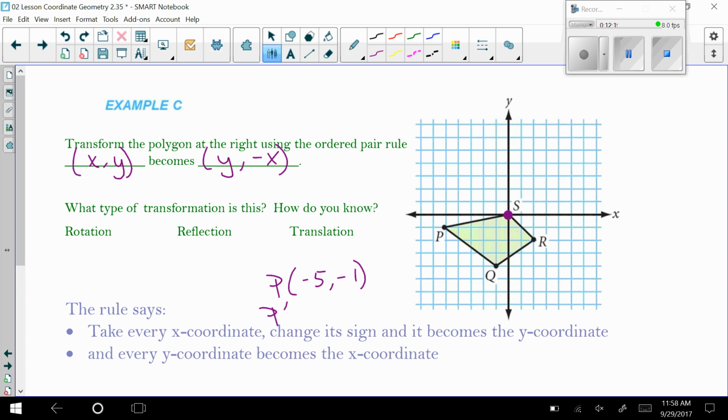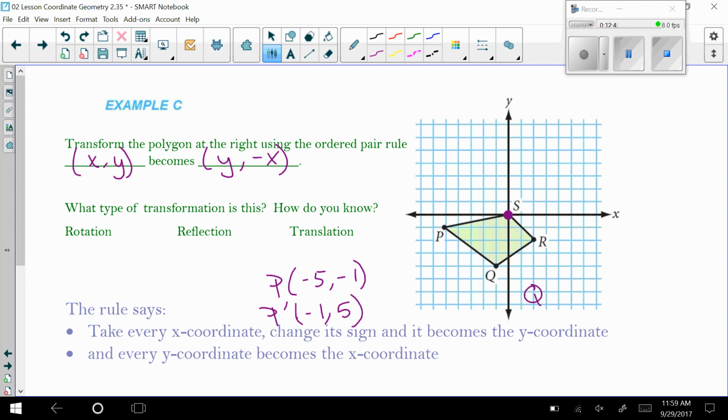So P prime is going to be (-1, 5), because our y coordinate becomes the x coordinate, and the x coordinate becomes the opposite and the y coordinate. So -5 becomes 5 as the y coordinate.